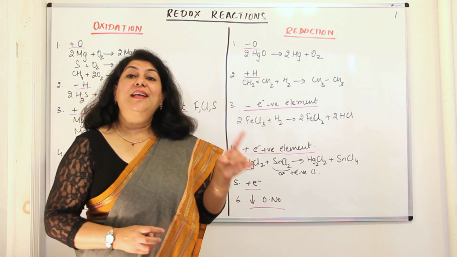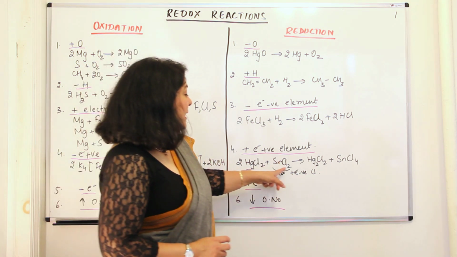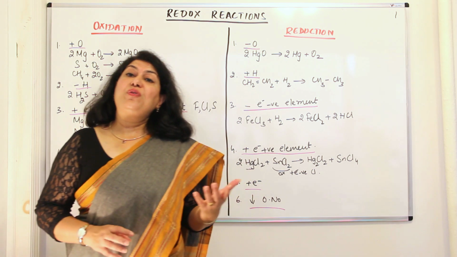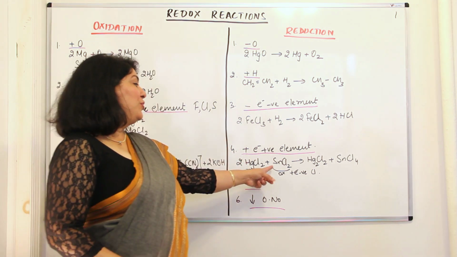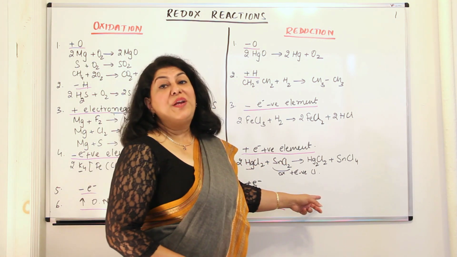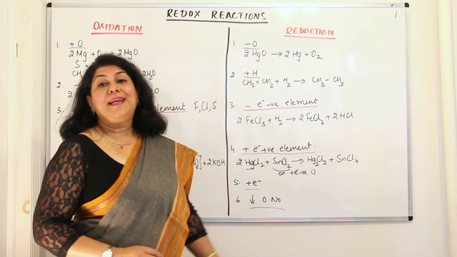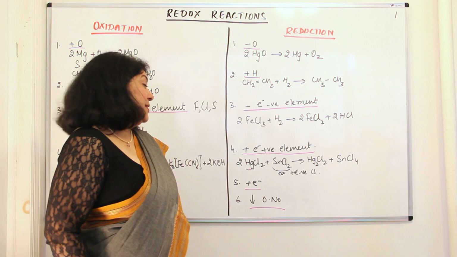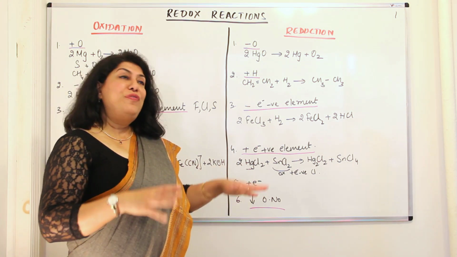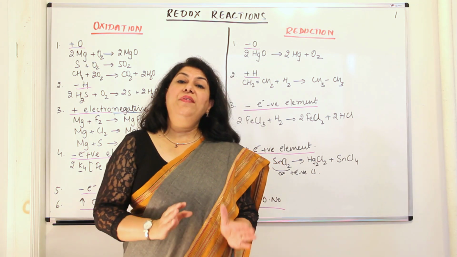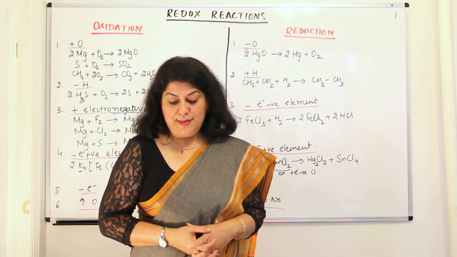Chlorine is an electronegative element. In SnCl2 you had only 2 chlorines, while in SnCl4 you have 4 chlorines. So addition of an electronegative element, that is chlorine, is taking place in SnCl2. Therefore SnCl2 is getting oxidized. So in this way you will find that in every reaction both oxidation and reduction are occurring simultaneously.